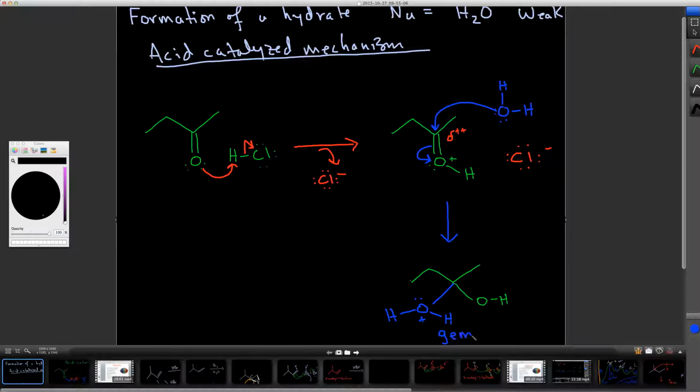We'll call it gem diol for short. But we're not quite done. We need to alleviate the positive charge on this oxygen. Normally when we see an acid in an organic reaction, it is almost always catalytic, which means we need to regenerate our HCl, and we do at the very end.